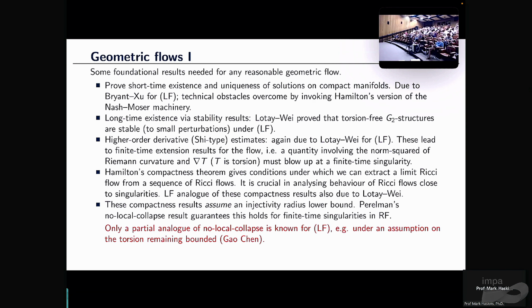The same is not known to be true in Laplacian flow at present. So we have only a partial analog of no local collapse for Laplacian flow due to Gaussian, but it needs to make an assumption, and the sort of assumption that you need is something like the torsion, or equivalently the scalar curvature, to remain bounded.